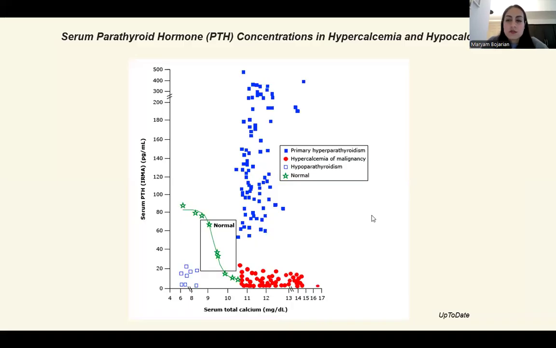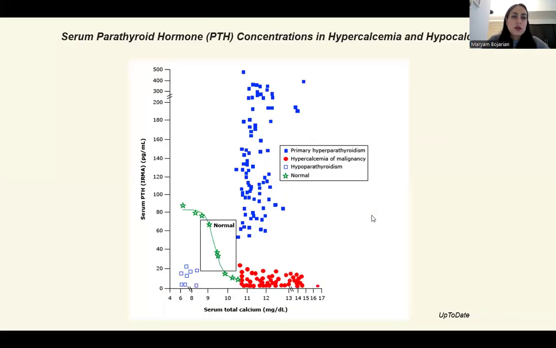Serum PTH and calcium values are low in hypoparathyroidism, which we can see in open blue boxes, and high in primary hyperparathyroidism, which we can see in blue squares. And the serum calcium concentration is high and serum PTH is appropriately low in patients with non-PTH induced hypercalcemia of malignancy. We can find it in red circles. Basically the same idea as I mentioned.